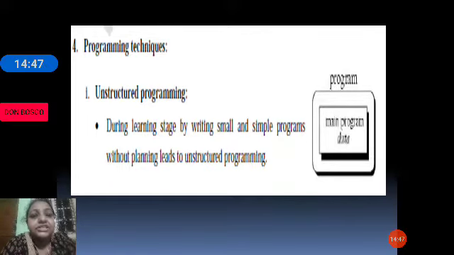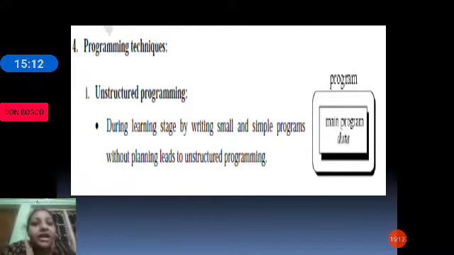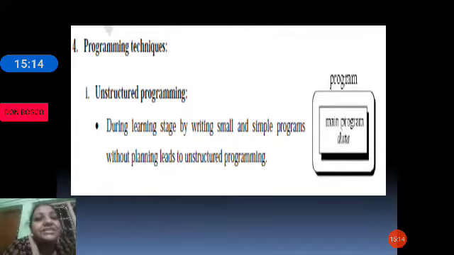The first programming technique is unstructured programming. It is generally used by beginners who are very new to programming. Whenever a person starts learning programming, they start writing simple and small programs. So this technique allows a user to write simple and small programs.